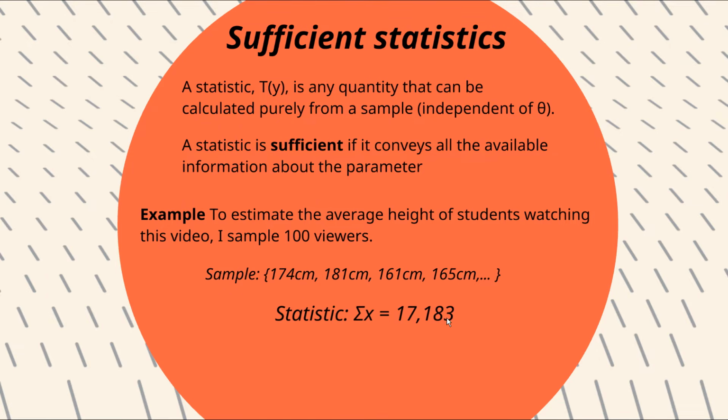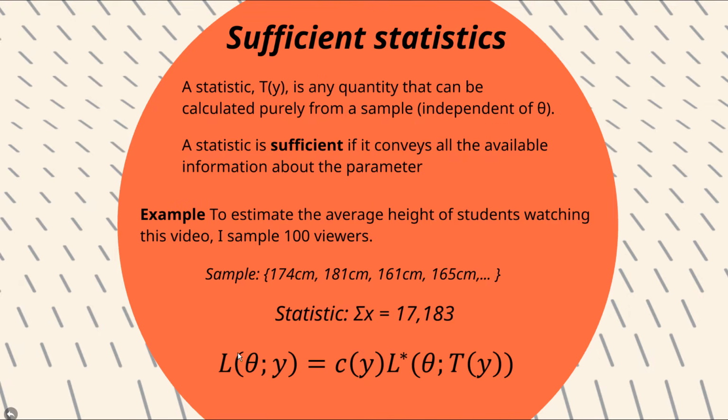Now if I want to estimate the average height of students, let's call that theta, all I really need is the sum of these 100 viewers, right? As soon as I have that sum, I can calculate a sample mean. I divide that by 100. I actually don't need the full sample at all. You could hide that from me and I'd still get all the information I need to estimate the average population height.